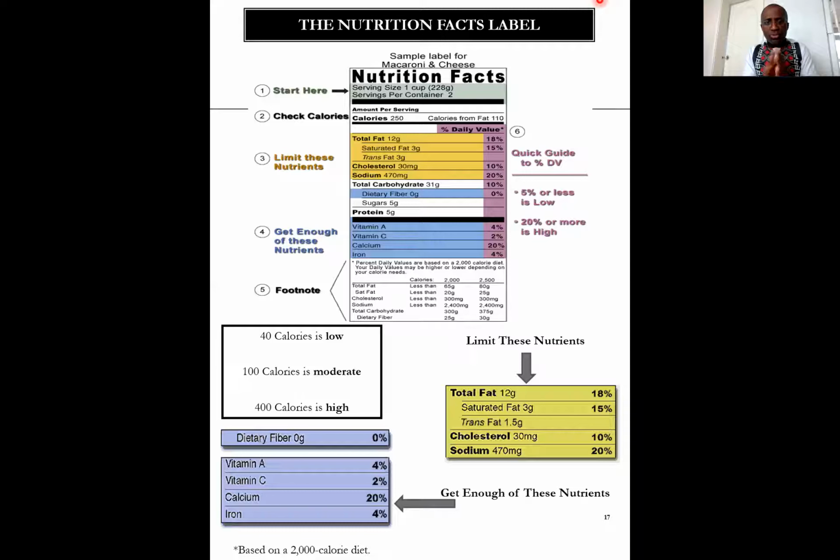Number 2, you need to check the calories. Calories here is what? 250 calories. Let's be careful here. They say this is total energy in the box. Now, calories from fat is 110. Always check calories from fat. Why?